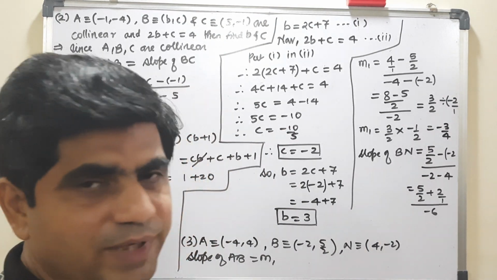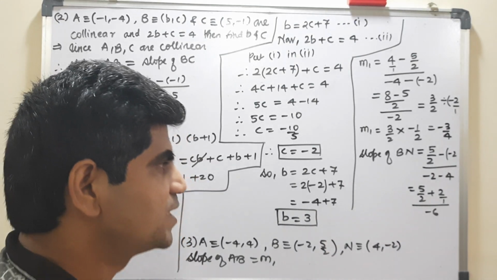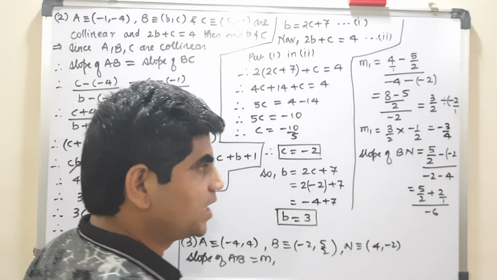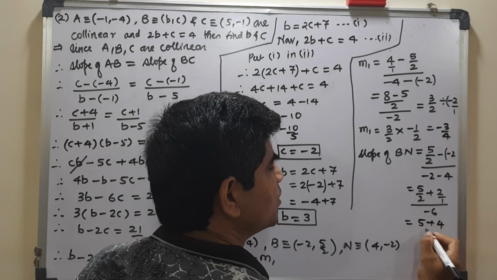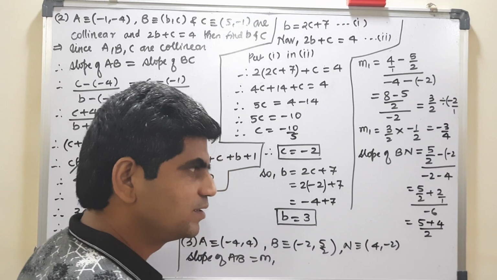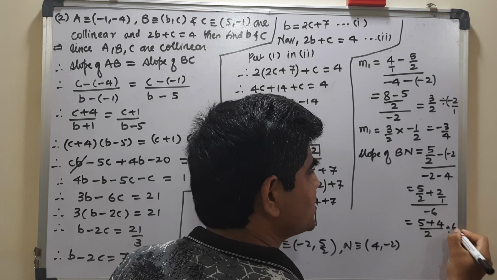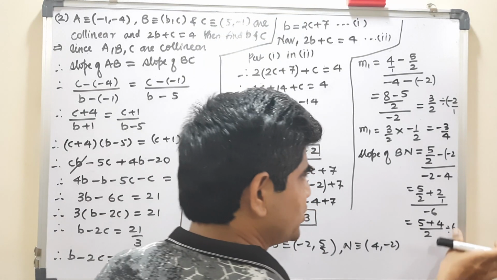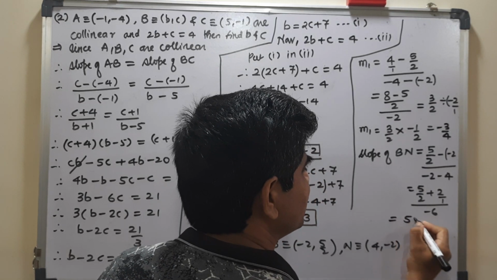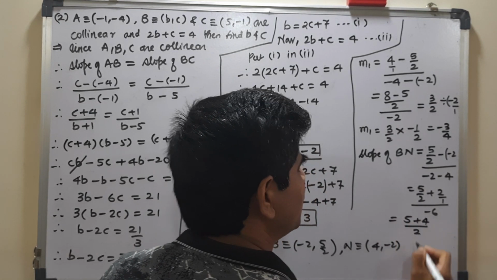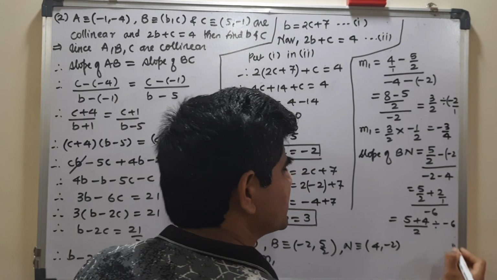So on cross multiplication for making the denominator the same, otherwise I cannot proceed. For making the denominator the same, it will become 5 plus 4 upon 2, and it is divided by minus 6.